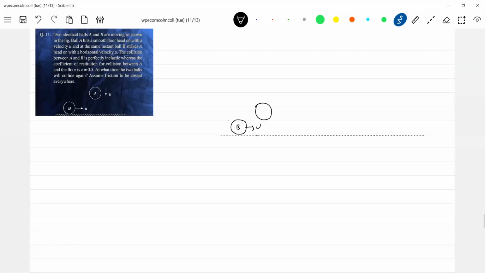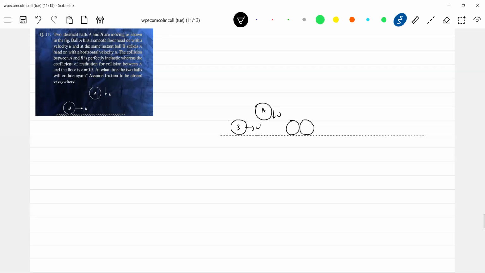Just before collision, I'm showing the diagram. Collide inelastically, an inelastic collision. Perfectly in between A and B is perfectly inelastic, so that they'll be in contact. Let's have a diagram and see what information we'll get.